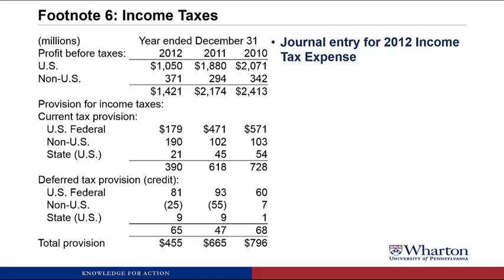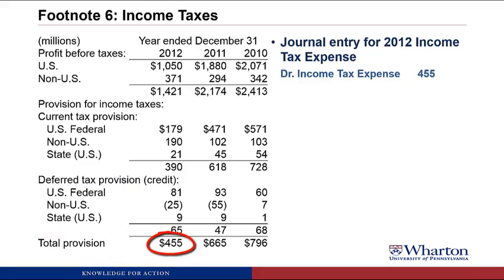So the current tax provision, that's going to be the income tax payable part, what we owe the U.S. government, non-U.S. governments, and states. That's $390. Then there's deferred tax provision. These are the deferred tax part of the journal entry. And at the bottom, we have total provision.